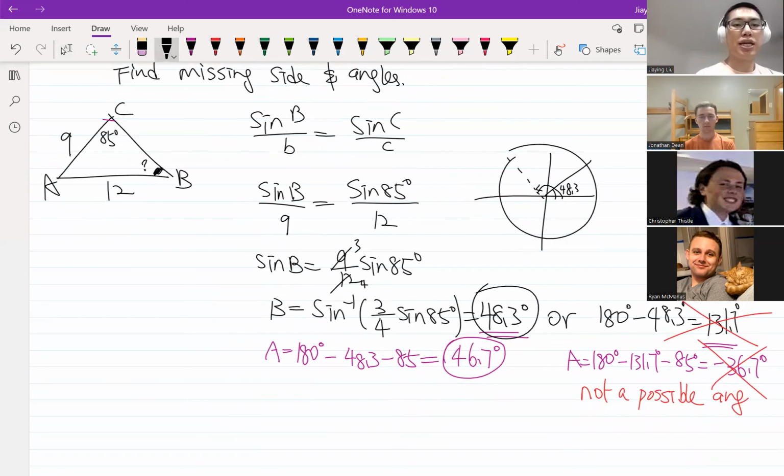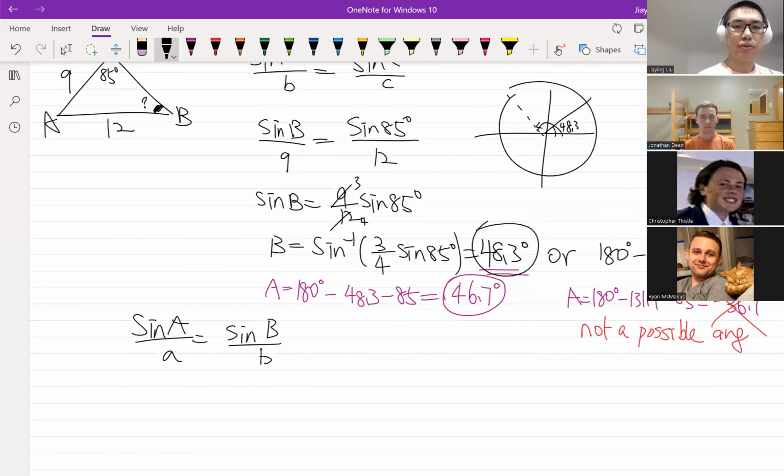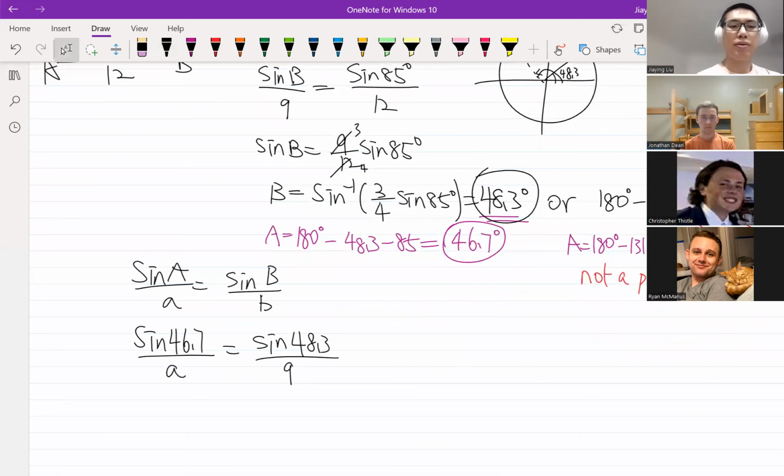All we need to find next is the missing side, a. Then we're going to use sine A over a equals sine B over b, or sine C over c. A we know, so we get sine 46.7 over side a is equal to sine 48.3 divided by lowercase b, which is 9. And we should be able to solve for lowercase a.